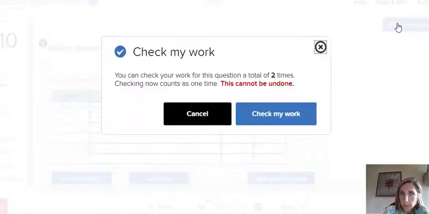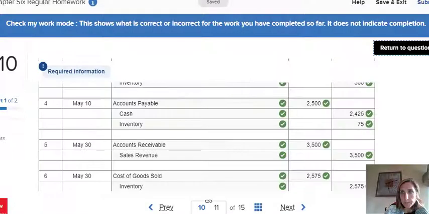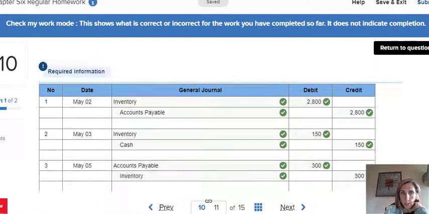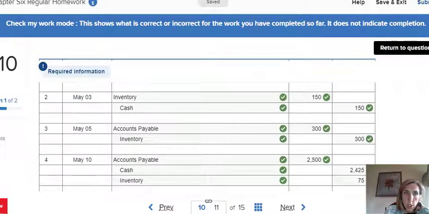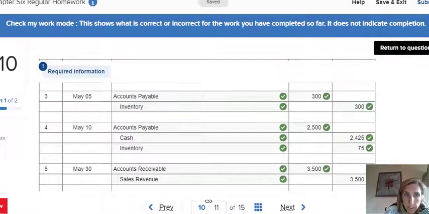Check my work so you can see it on the screen. I'll scroll up and down throughout there so you can see those journal entries. We purchased the inventory on account in the first entry. We paid shipping or freight in on the inventory in the second journal entry. We returned some inventory in the third journal entry.